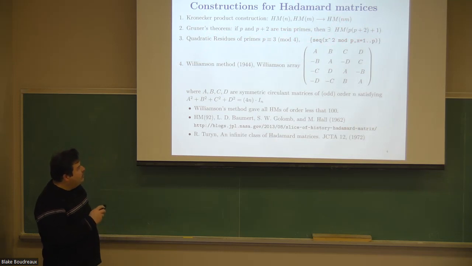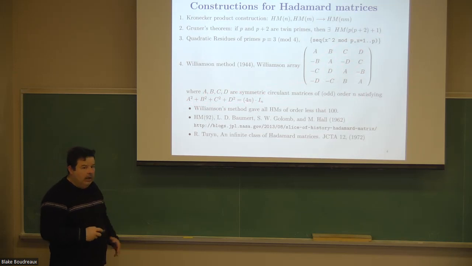Then you have the Williamson method from 1944. Williamson said the following: if I have this template array with A, B, C, D and minus A, and if A, B, C, D are symmetric circulant matrices of odd order n satisfying this equation, the sum of the squares is 4n times the identity, then this is a Hadamard matrix.